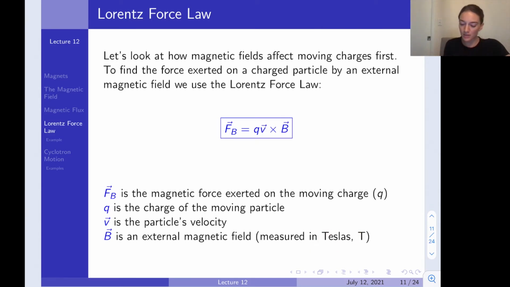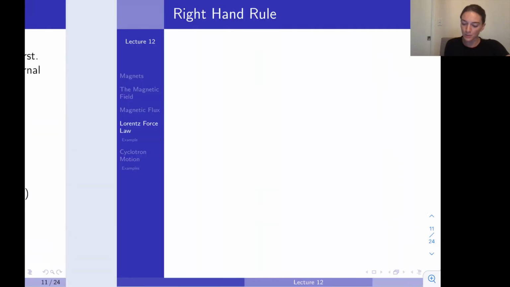Now, there are some very interesting implications of this, which we'll talk about in a second, but let's just first review the right-hand rule.